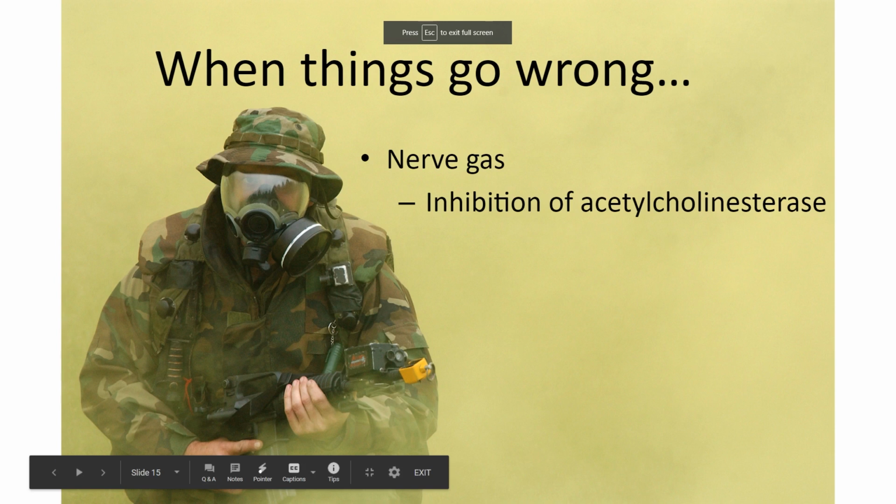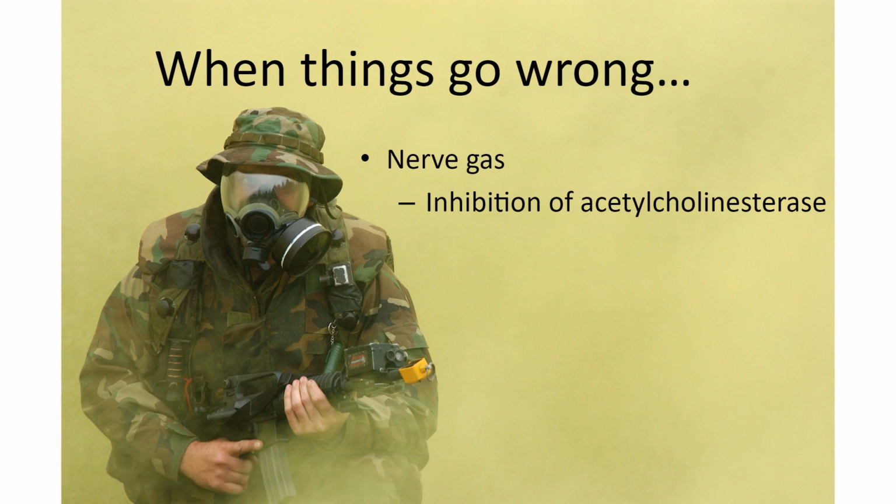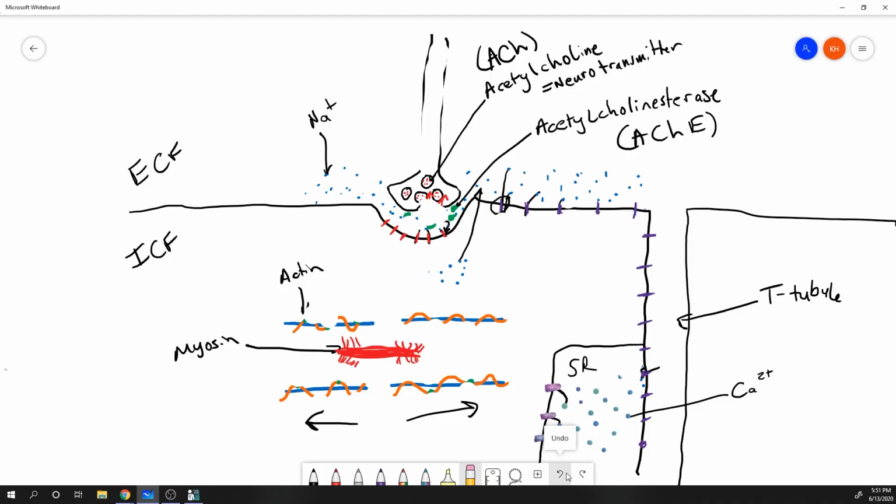Let's consider another example, nerve gas. Nerve gas inhibits ACHE, so what do you think would be the effect that it would have on muscle contraction? Recall that ACHE breaks down acetylcholine, so if it's not working correctly, then we get a buildup of ACH inside of the synaptic cleft.